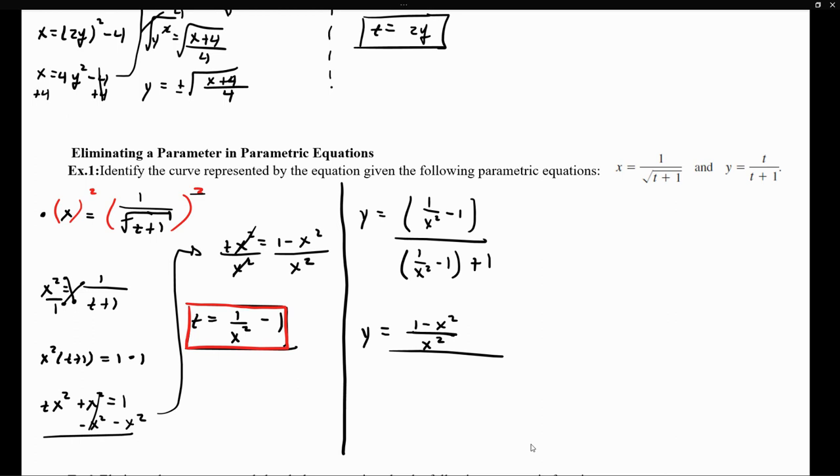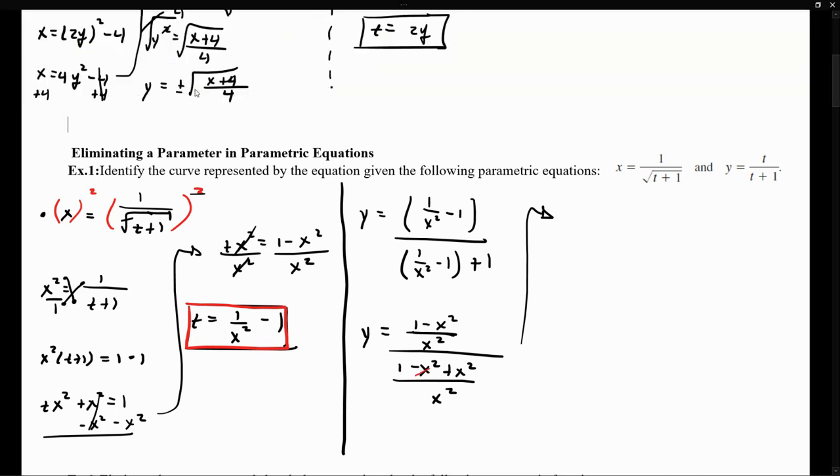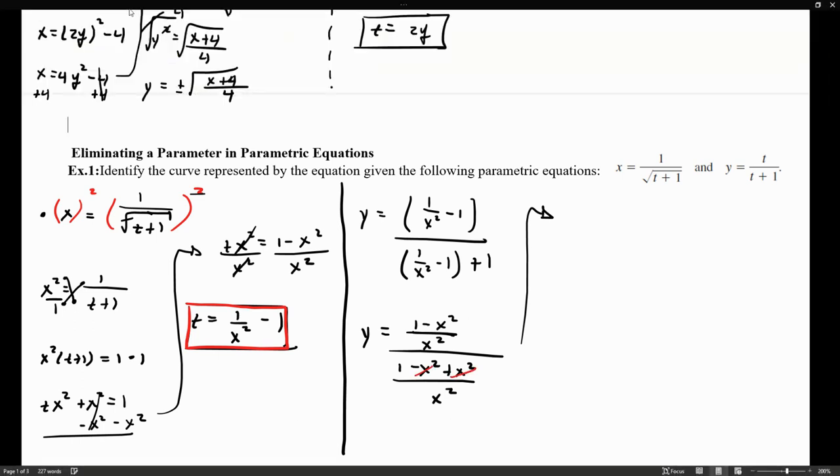And the denominator can be written as 1 minus x squared plus x squared, all over x squared. So now that we have it in this form, let's try to simplify this. Notice that here the x squareds will cancel out.